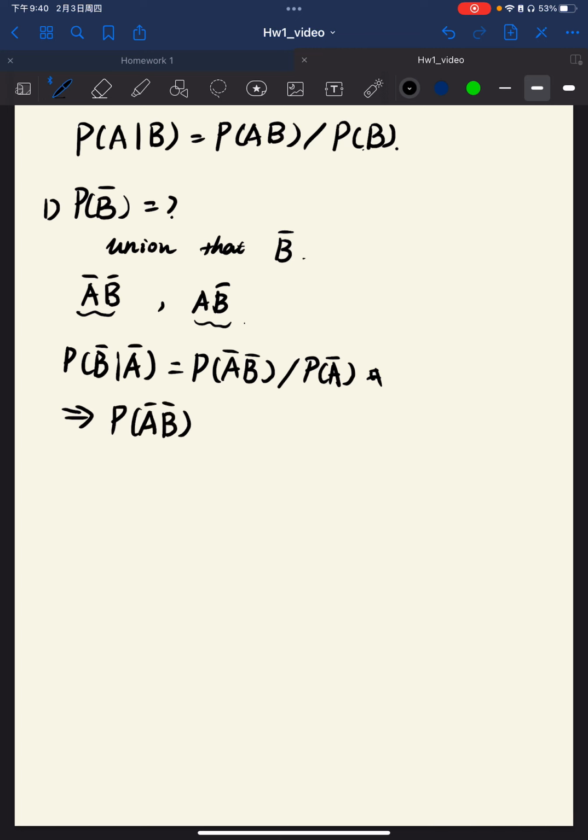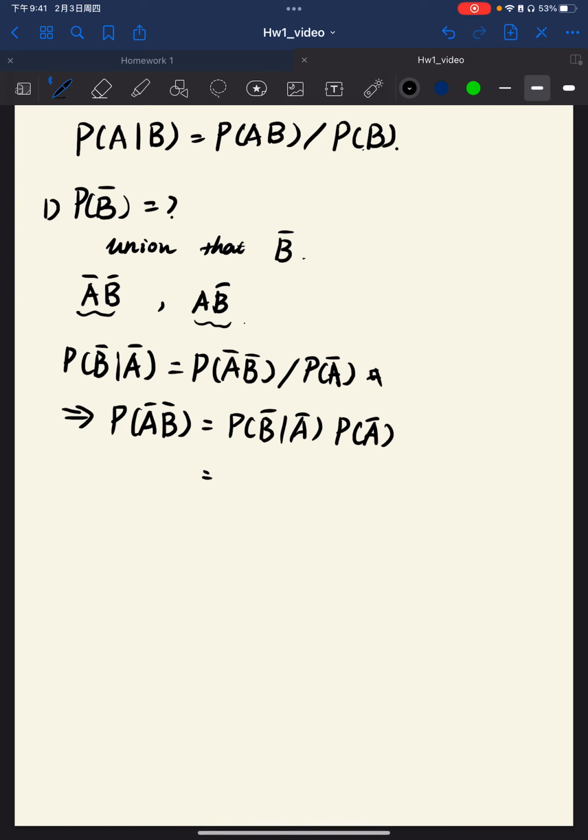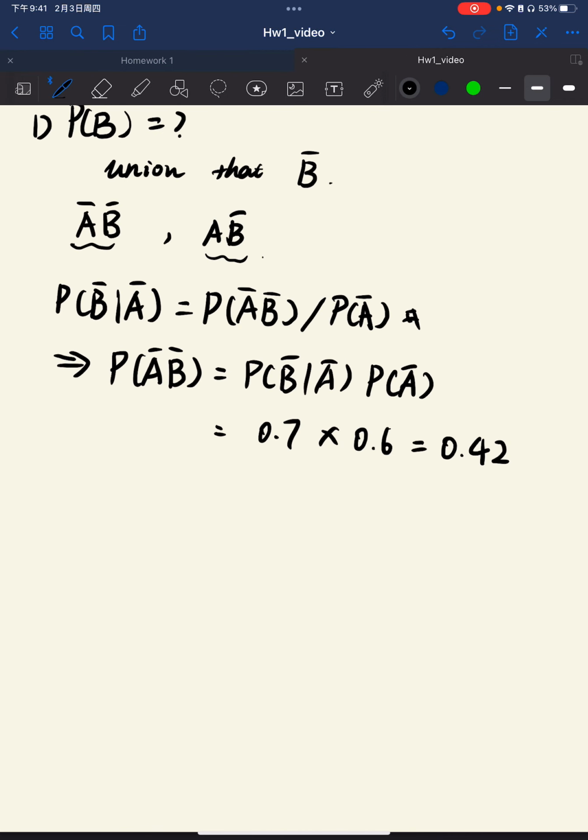The probability of send 0 and receive 0 is equal to the conditional probability here times the probability of A bar. This one is 0.7, and this one is 0.6. So the probability here is 0.42.